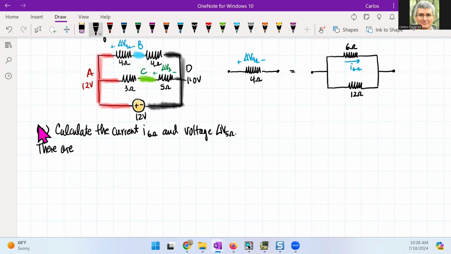There are numerous ways to calculate these quantities.